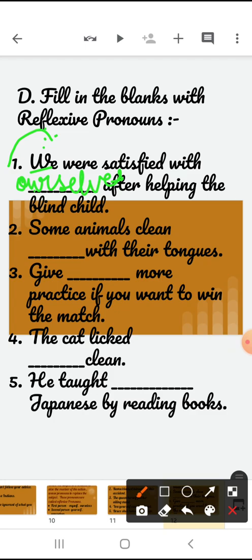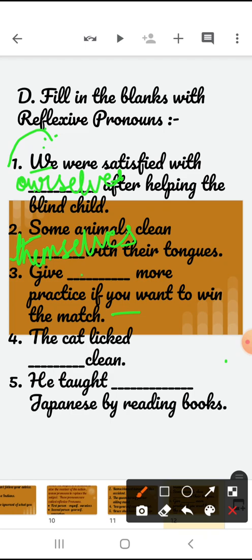Some animals clean dash with their tongues. Some animals clean themselves with their tongues. Okay? Next, give dash more practice if you want to win the match.